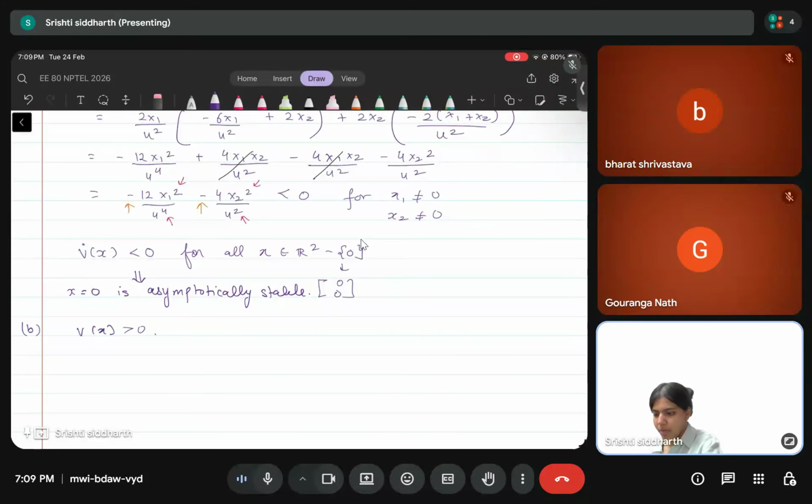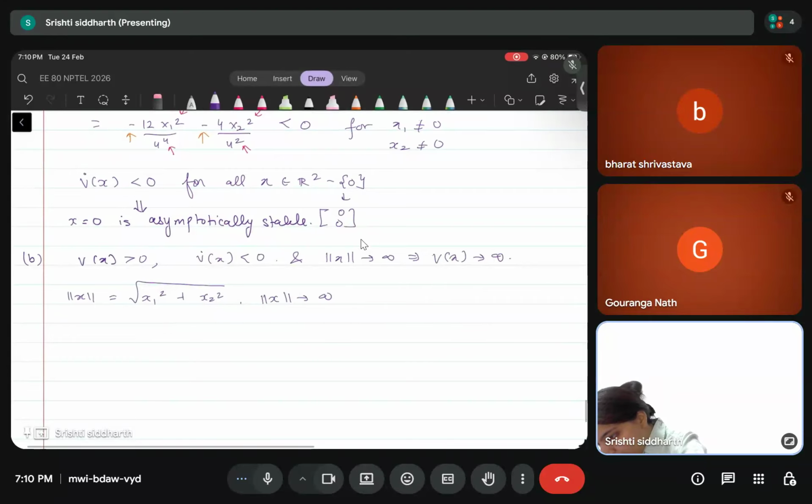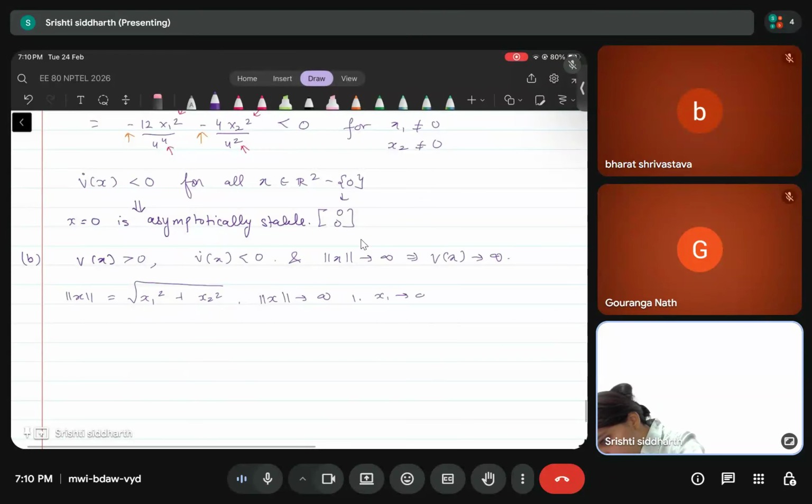V(x) should be positive definite, V dot x should be negative definite, and if norm x tends to infinity, then V(x) should tend to infinity. So norm x is the Euclidean norm, which is the square root of x1 squared plus x2 squared. So this goes to infinity in three cases, right? Either x1 goes to infinity, x2 goes to infinity, or both of them tend to infinity.